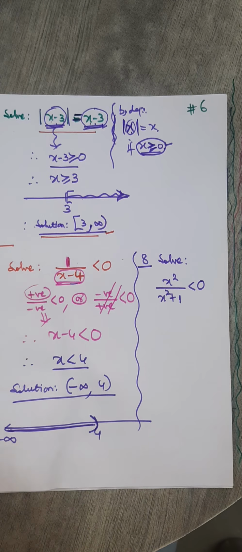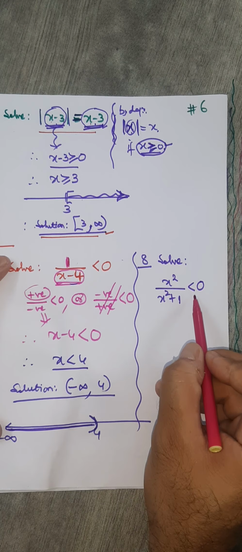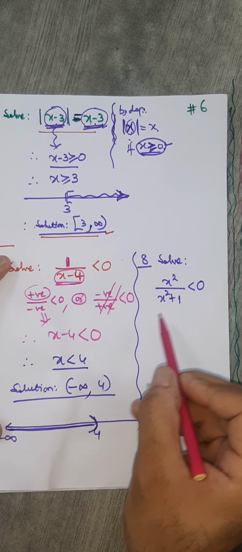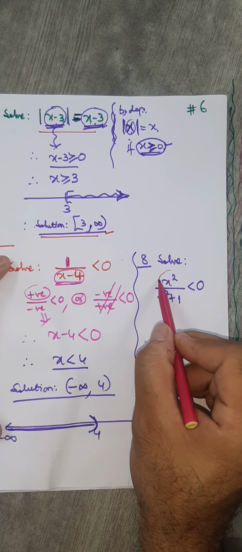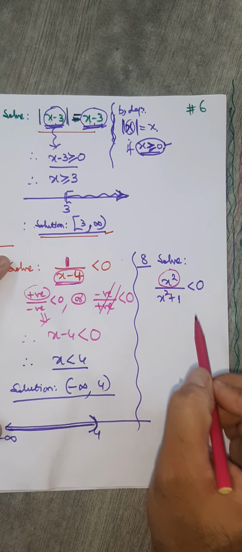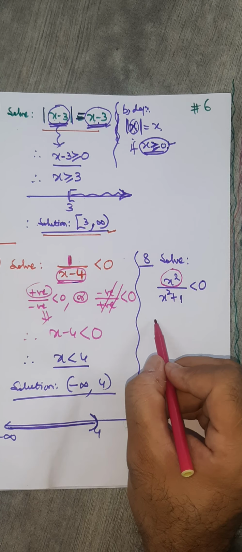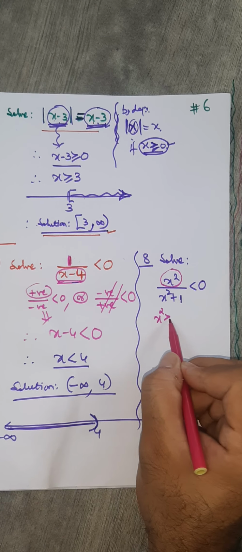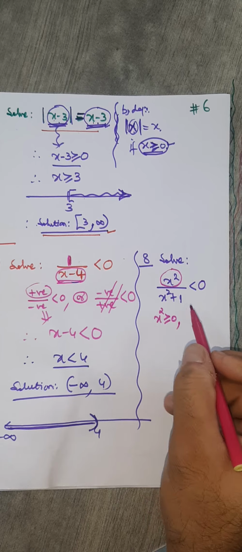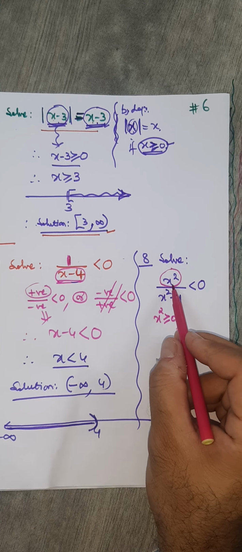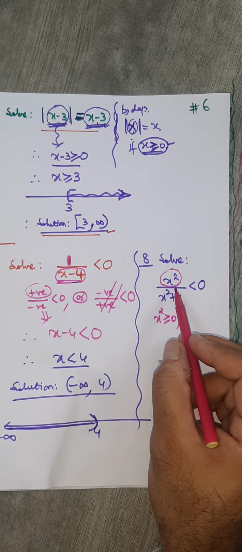Now, just need to think for a while here. This is negative. As I explained, you have two possibilities, but can you recall? The numerator is always positive, greater than or equal to 0. You know, x squared is always greater than or equal to 0. Square of a number can never be negative. If it is a complex number, it can be, remember.